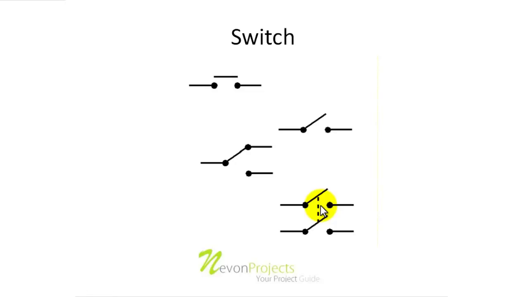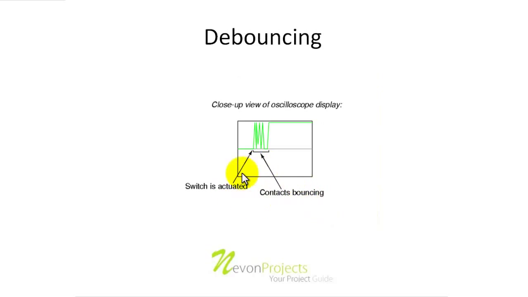Now these switches are not used standalone but used with a capacitor, and the reason for it is debouncing. Let us see what is debouncing. Whenever a switch is actuated, that means whenever a switch is pressed, suppose that when the switch is pressed it will give a high signal.